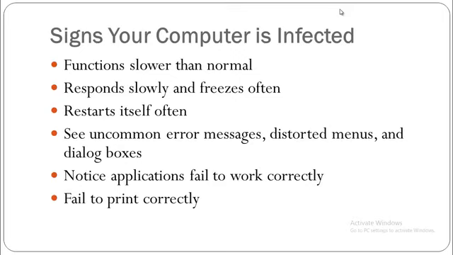If your computer functions slower than normal, responds very slowly and freezes, restarts automatically, or shows uncommon messages and dialog boxes that you don't know about, or some of the applications don't work at all. These are a few examples. There are other examples which infect only your browser, such as you may see an option in the top right corner stating that the browser settings have been changed.